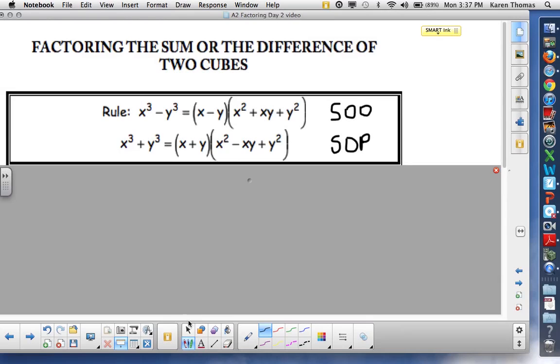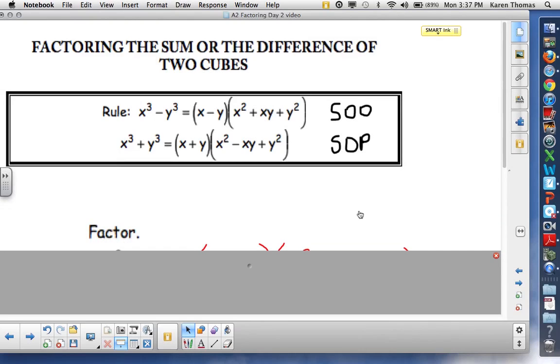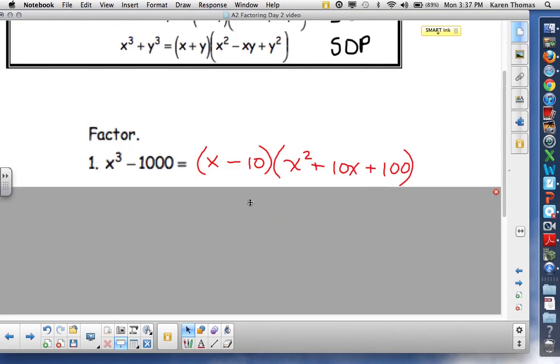Okay. So let's see what these look like when we put some numbers in them. Here they are, all the way down here. I have x to the third minus 1,000. These are both perfect cubes.